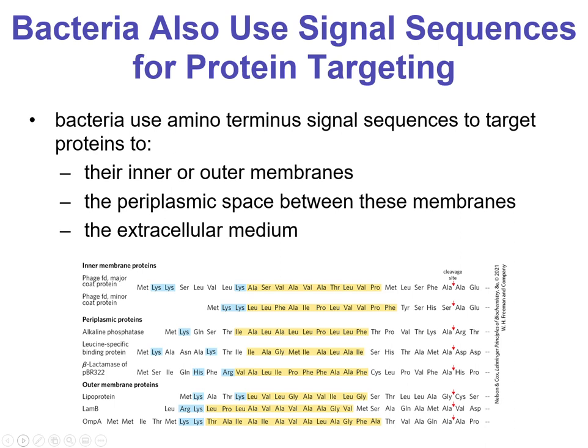Yes, it does. There's also exporting proteins to the extracellular medium. That's how toxins get out, right? You label a protein that a bacteria has made for secreting it out, not just into the periplasm, but all the way out into the outside world, the extracellular medium.